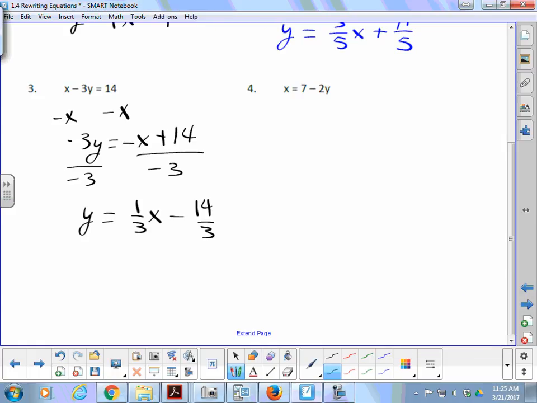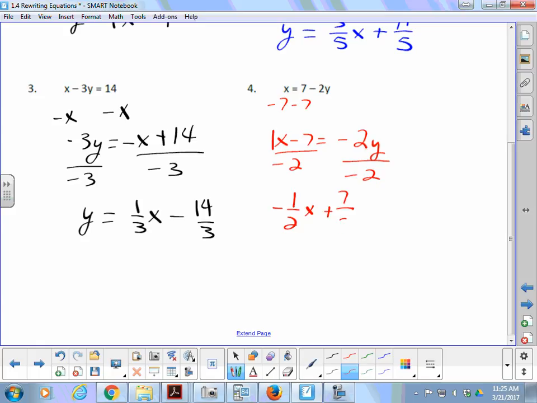All right, so with number 4, we are going to subtract 7 first. So we get the 2y by itself. So we get x minus 7 equals negative 2y, and divide by negative 2. So we've got, remember this is a positive 1x, so we get negative 1/2 x, and both the 7 and the 2 are negative, so positive 7/2 equals y.